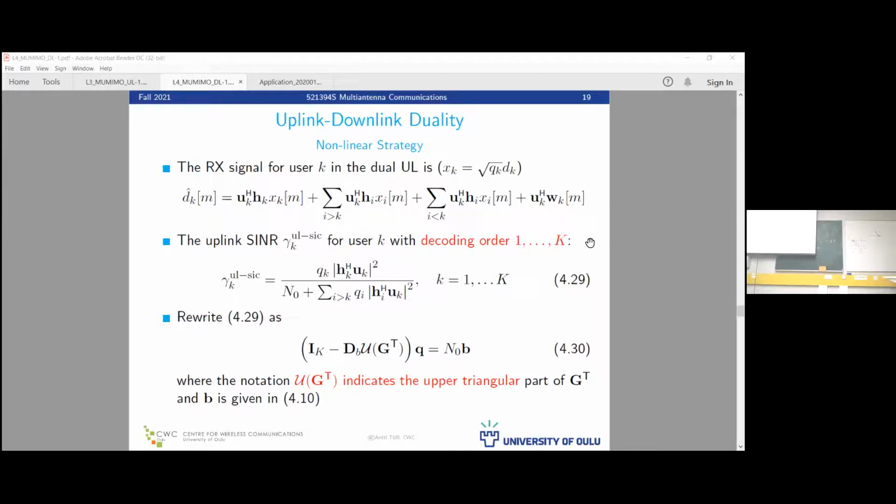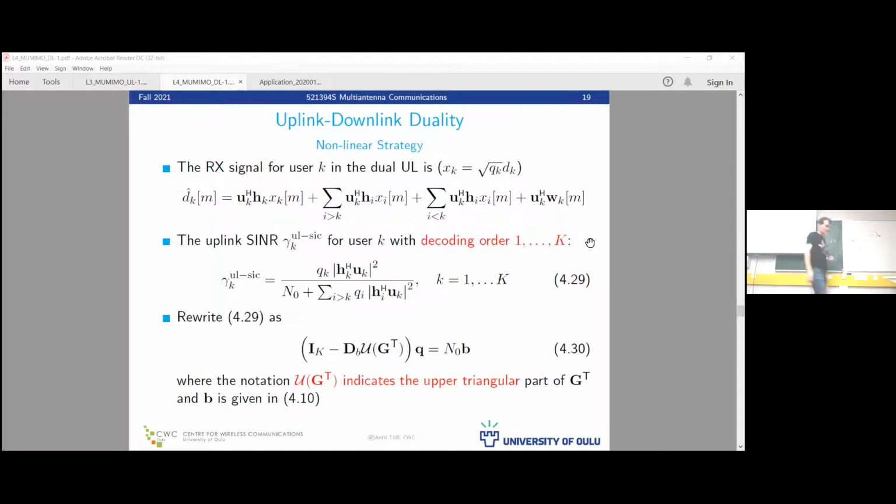Okay. So what happens? We still have the same expressions, but the non-equality that we had earlier for the SINR formula is replaced by inequality, right? So some of these G terms are now missing altogether. These are the G matrix terms.